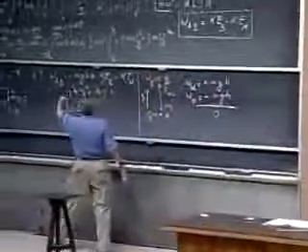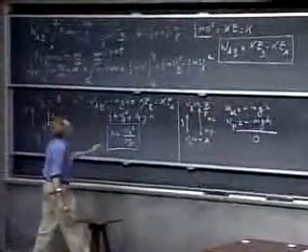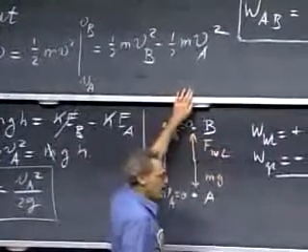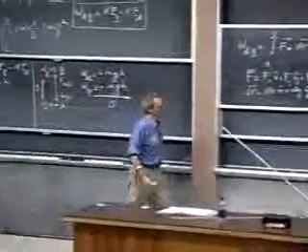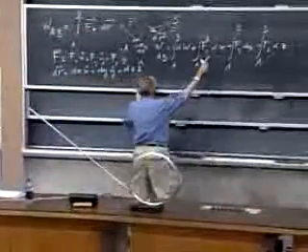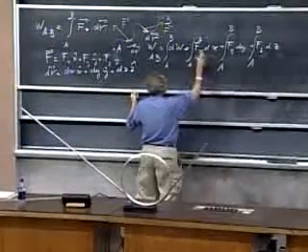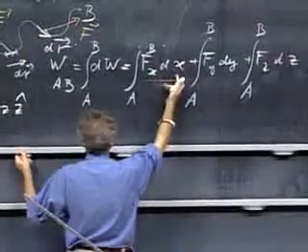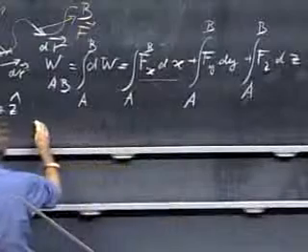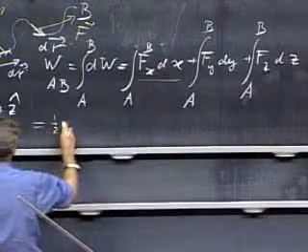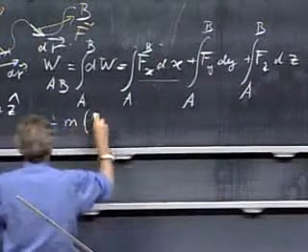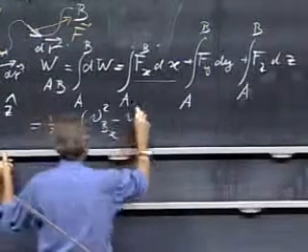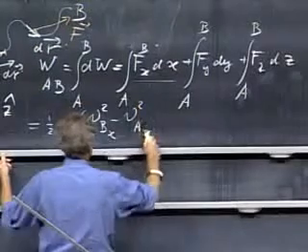The integral of Fx dx we found is 1/2 m vb squared minus 1/2 m va squared, which in this case is obviously the velocity in the x direction, because this is a one-dimensional problem, and the velocity that I'm dealing with is the component in this direction. So we have 1/2 m vb squared, and this is the x component, minus va squared, and that is the x component.